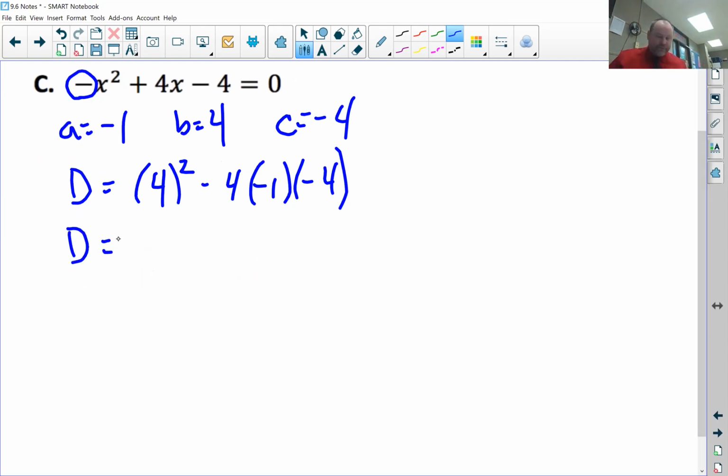And again, feel free, you can use a calculator to make this calculation. We would get 16. 4 times -1 is -4. -4 times -4 is +16, and we have the subtraction sign.